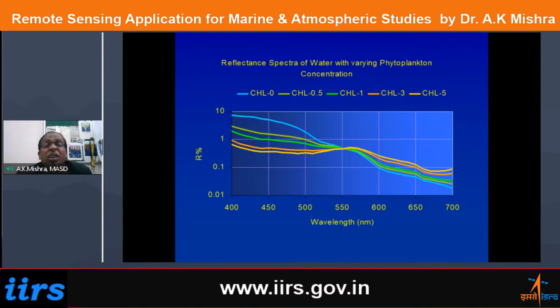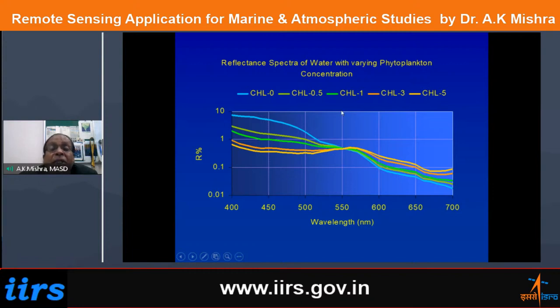So this graph shows you how the reflectance spectra of the water varies with varying phytoplankton concentration. So the phytoplankton concentration is changing from 0 milligram per meter cube, that is clear water, to the water having 5 milligram per meter cube.